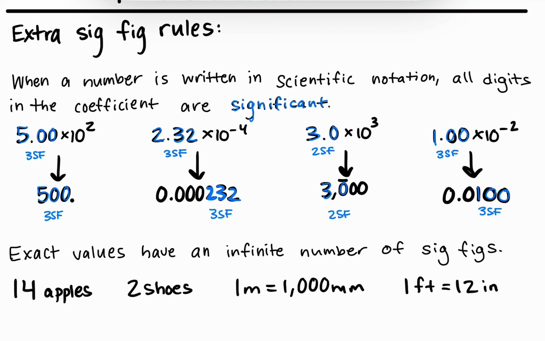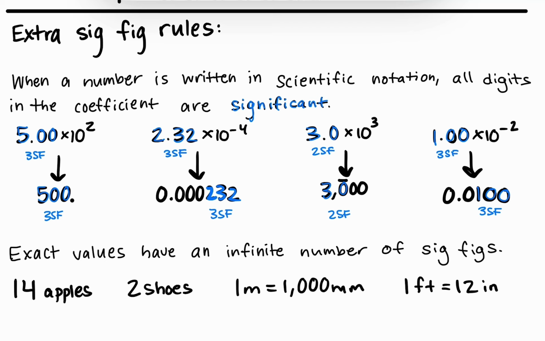So let's look at our next sig fig rule, which is that exact values have an infinite number of sig figs. Exact values include something that you're counting. These would be values that we've counted. So if I count that I have 14 apples, I know that I have exactly 14 apples, not 14.1 or 14.001 or 13.99999.